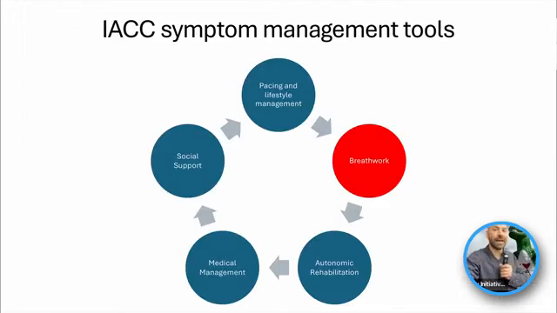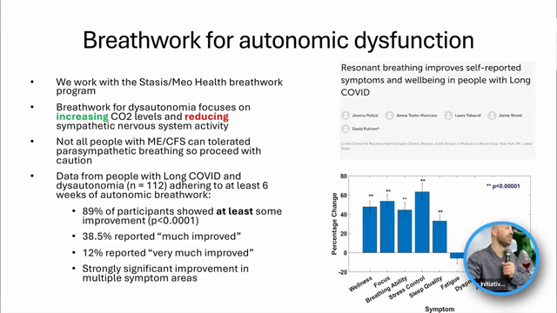Breath work, again, I just want to point out that this is a low-cost, group therapy-friendly way of significantly reducing symptom burden in patients. We published just last year some of the results of using resonant breathing. So this is parasympathetic breathing primarily.